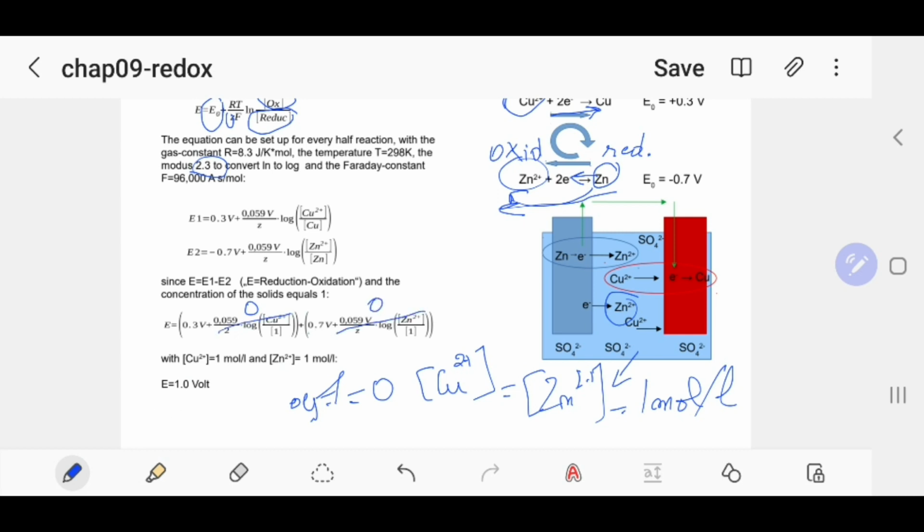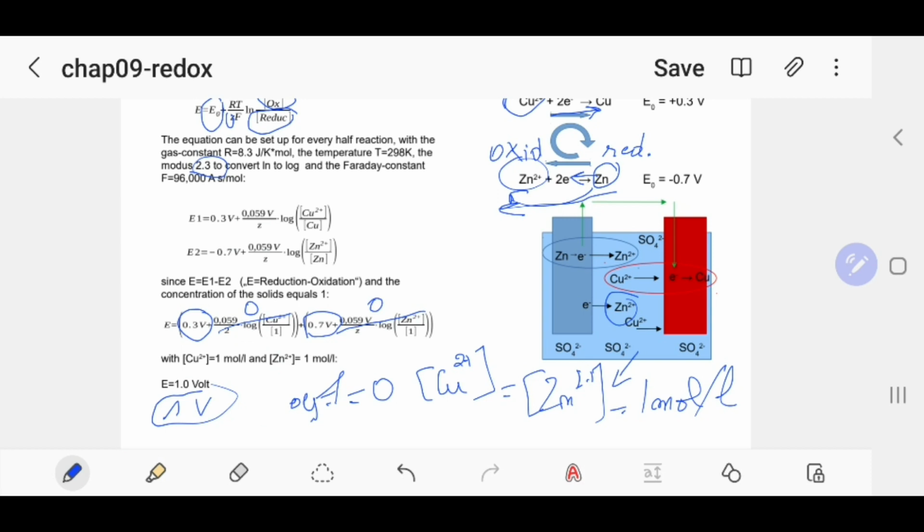We get plus 0.7 plus 0.3, which is equal to 1 volt. So when we have a battery or electrochemical cell with 1 volt, it means the concentration of the ions in the solution is equal to 1 mole per liter.